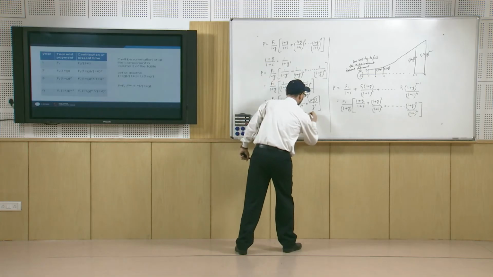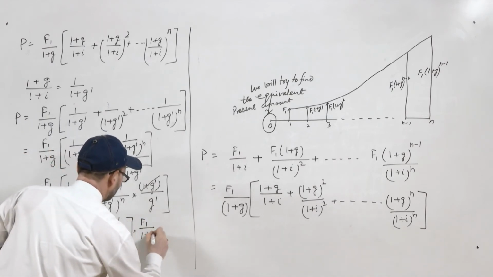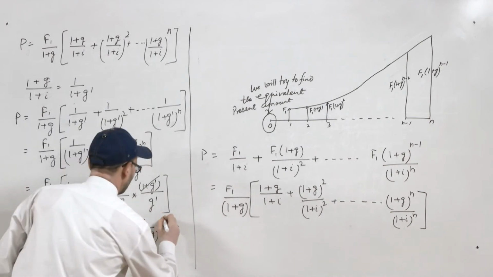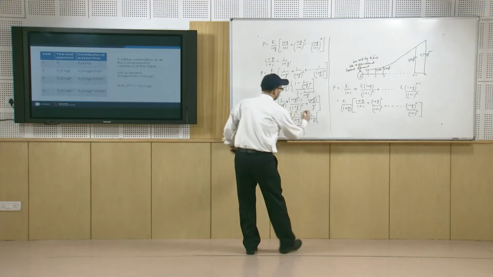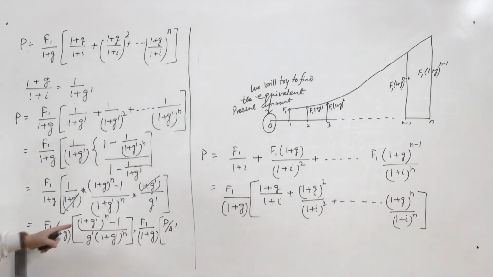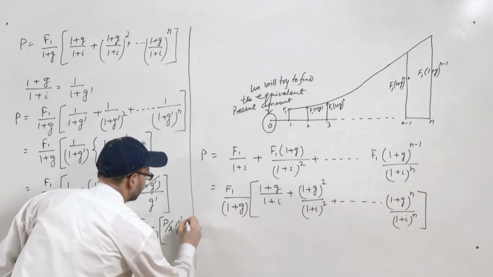So, you can further write it as f1 by (1 plus g), and this will be P by A, i, n, so P by A, where i is nothing but g prime, and n.